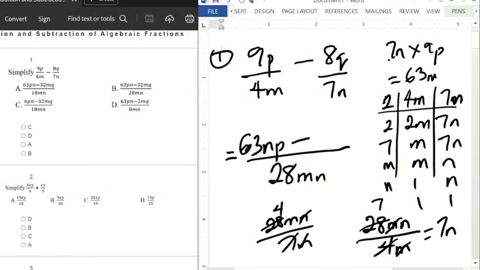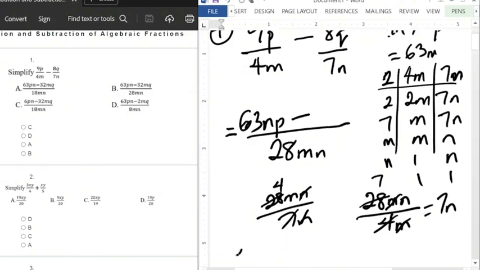That's going to be 4m multiplied by 8q. 4m multiplied by what? 8q. 4 times 8 is 32mq. So this will be 32mq. So if you look at the options we have here, we have 63np or pn. So you can write this as pn as well. Then minus 32mq over 28mn.